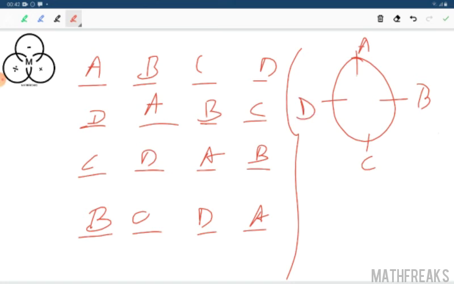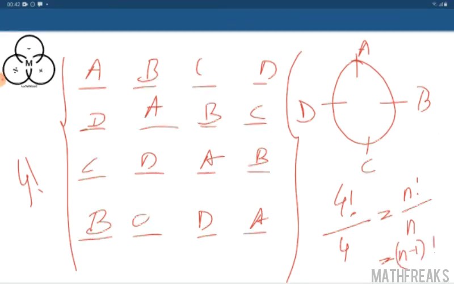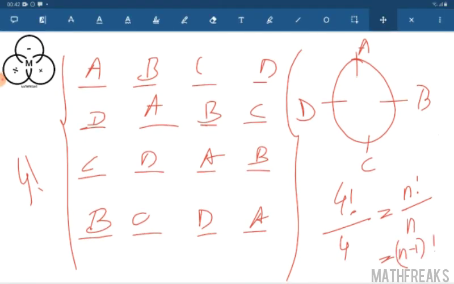So the entire arrangement, this is 4 factorial divided by 4, and generalizing it, n factorial by n, which is n minus 1 factorial. That is the concept of circular permutation.